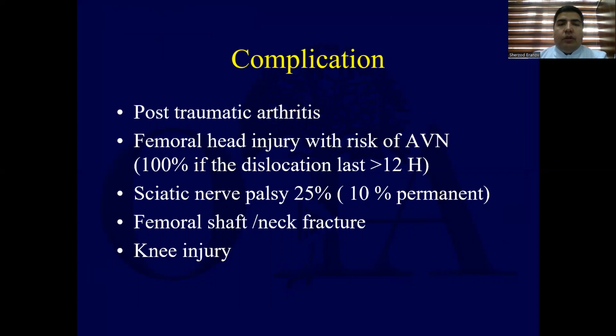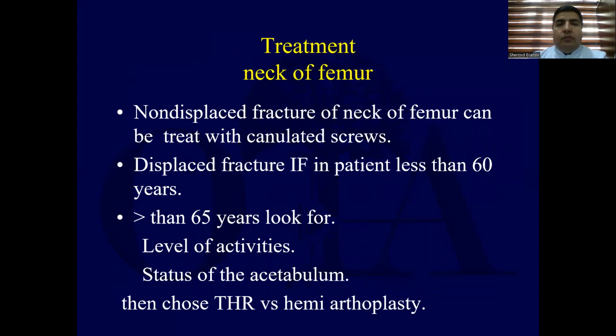Complication: post-traumatic arthritis, femoral head injury with risk of AVN, 100% if the dislocation lasts. Sciatic nerve palsy, 25%. Femoral shaft, neck fracture, knee injury. Treatment, neck of femur. Non-displaced fracture of neck of femur can be treated with cannulated screws.